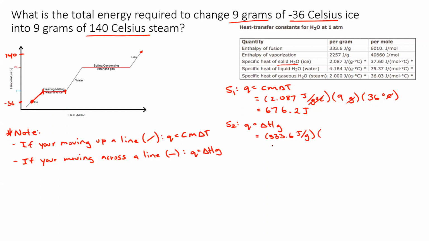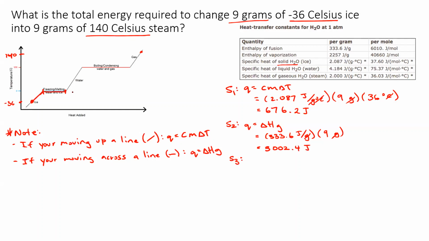All we have to do is multiply by our 9 grams to cancel out the grams and be left with joules, and you should get 3002.4 joules. Now, we're just going to continue this until we get to our final destination.